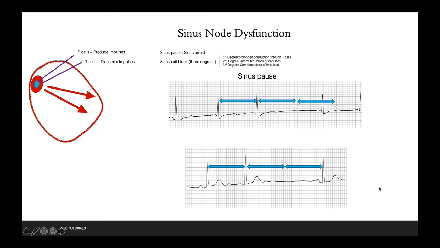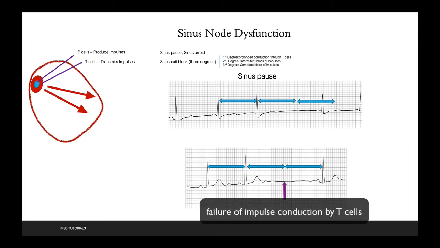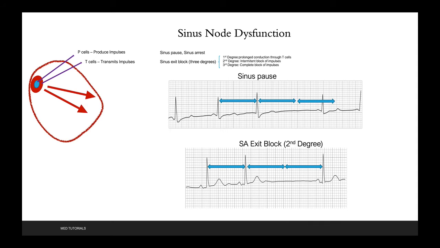And the reason for this is that the SA node, the P cells are producing impulses, but that third complex which was produced has not been allowed to come out of the sinus node because of a T cell dysfunction. And this is what we would classically call an SA exit block. And that is a second degree because some of the P waves are transmitted, like the first and second complex, but it's the third one which has been blocked.